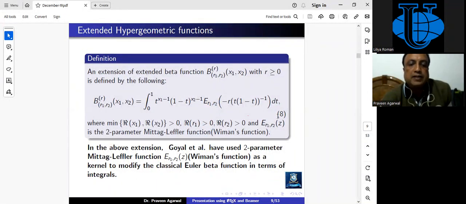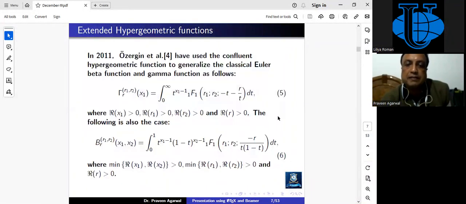In the above extension, Goyal et al. used the two-parametric Mittag-Leffler function as a kernel to modify the classical Euler's beta function in terms of integrals. Then, in 2011, Özarslan et al. used the confluent hypergeometric function to generalize the classical Euler's beta function, given by equations 5, 6. I have already mentioned this part.